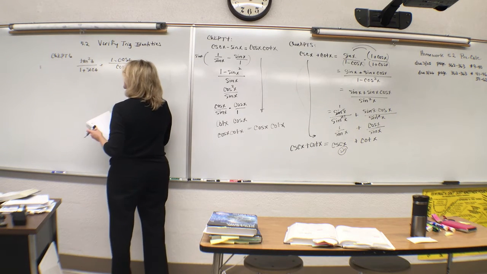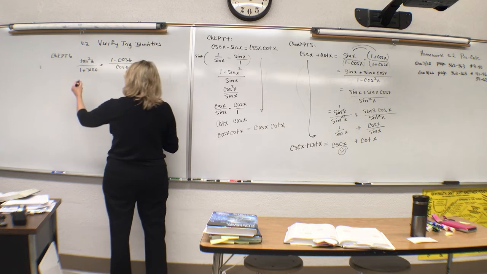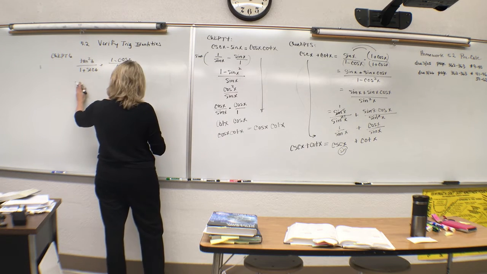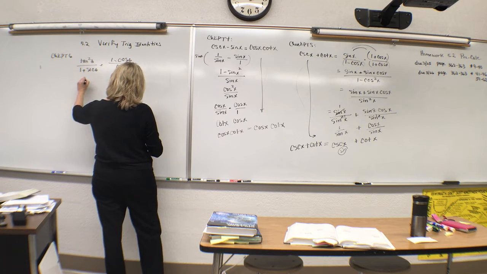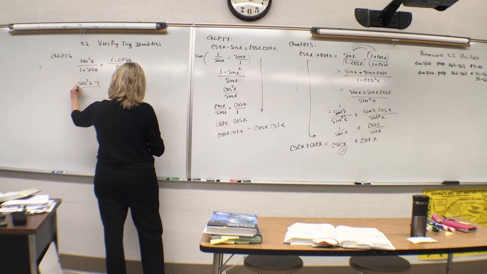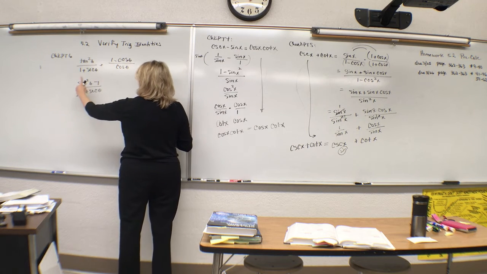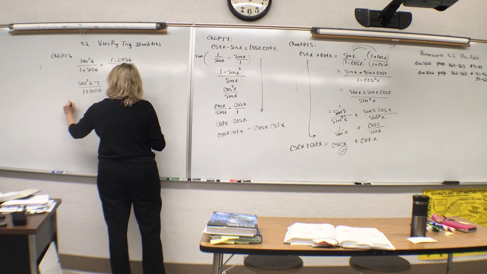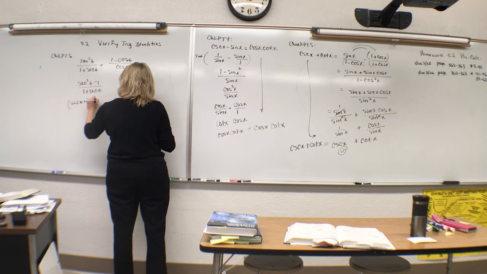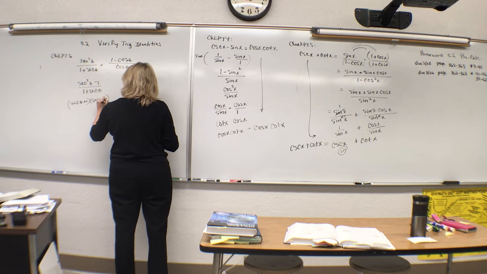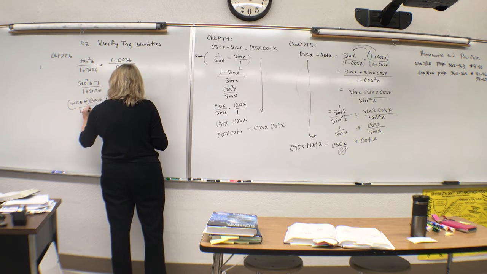Tan squared theta, using the Pythagorean equivalence, we've got secant squared theta minus 1 now over 1 plus secant theta. Well, I love this. This works beautifully because this is the difference of squares. So this is now secant theta plus 1 and secant theta minus 1 all over 1 plus secant theta.